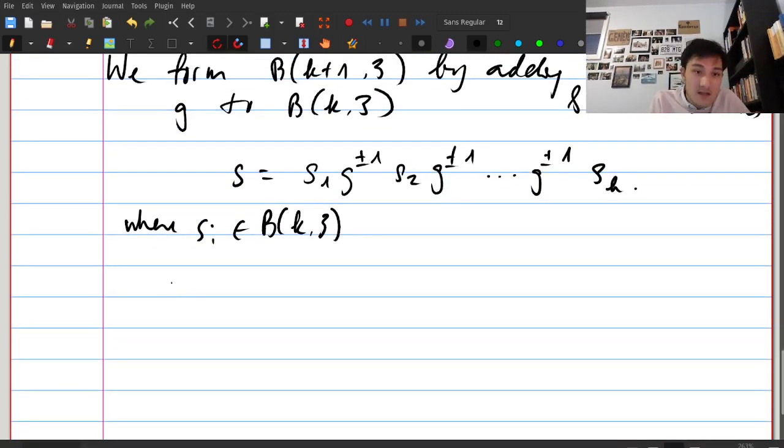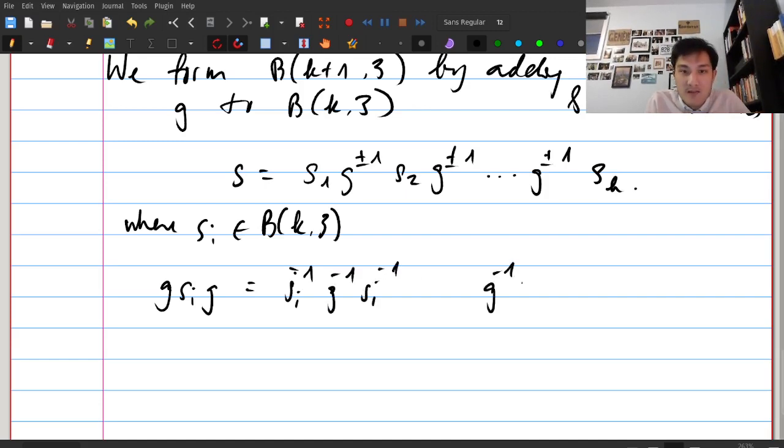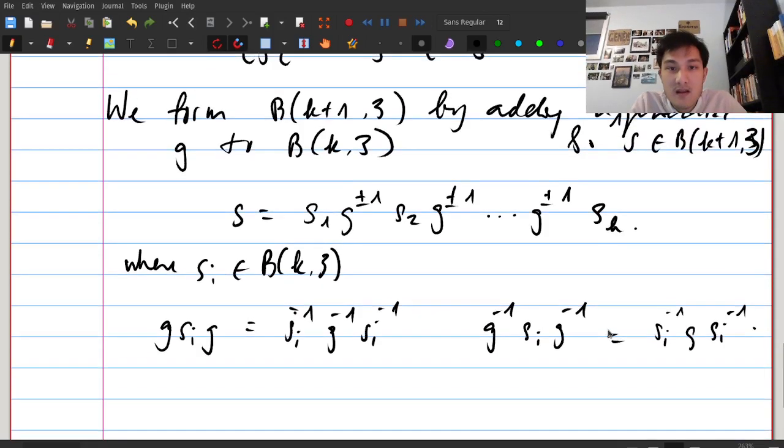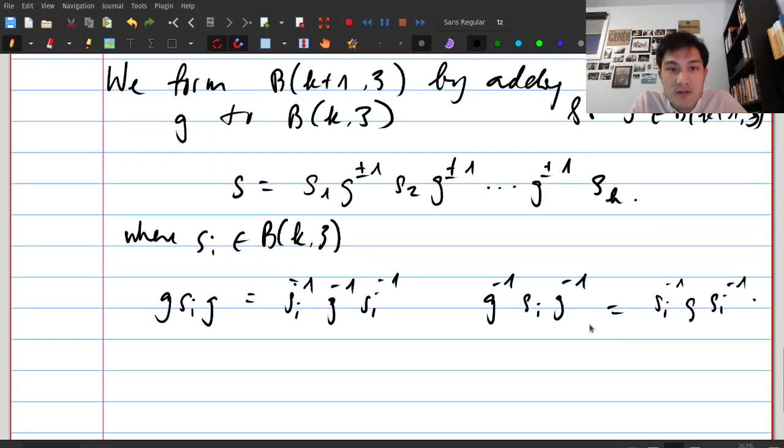You can see that g s_i g is equal to s_i inverse g inverse s_i inverse, and the same thing for g inverse s_i g inverse, which is just s_i inverse g s_i inverse. So we're able to reduce the number of g's by 1.